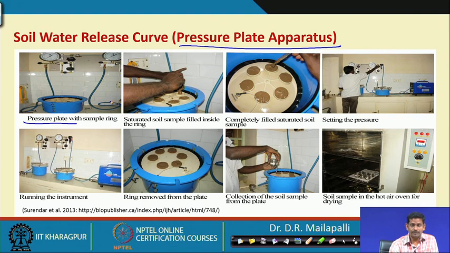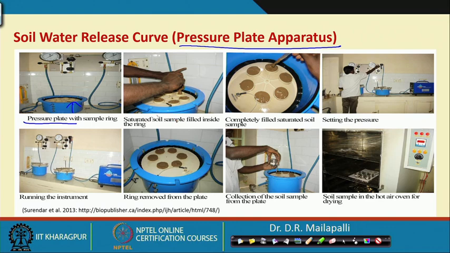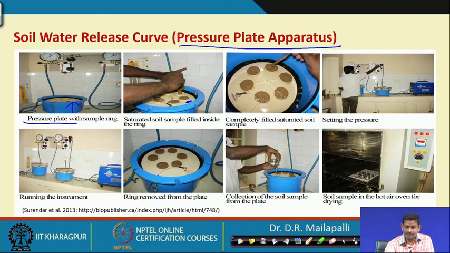The vacuum pump will create suction inside the chamber. It contains the porous plate here, and the samples are kept on top of this.